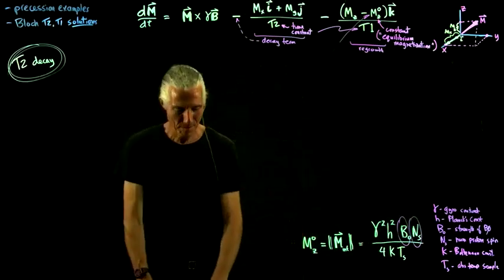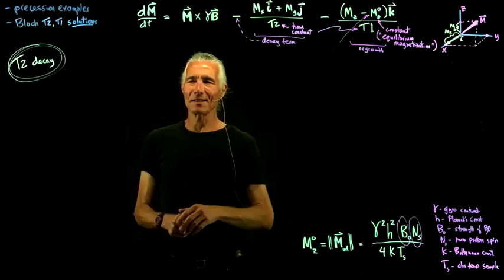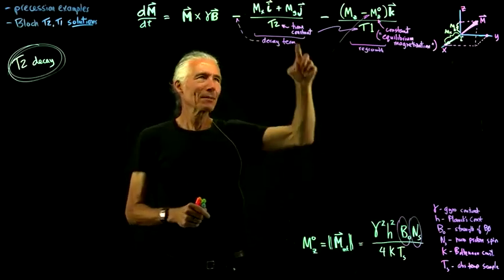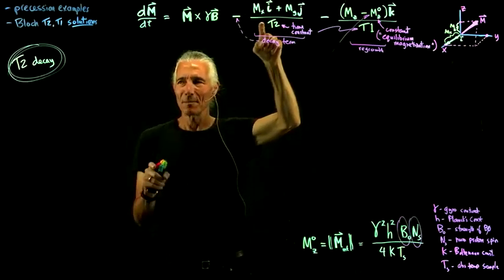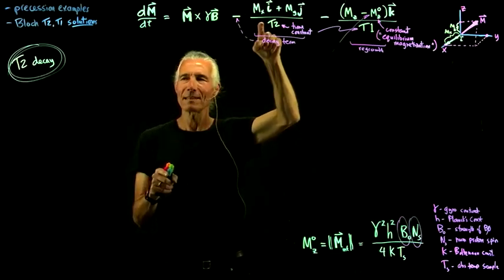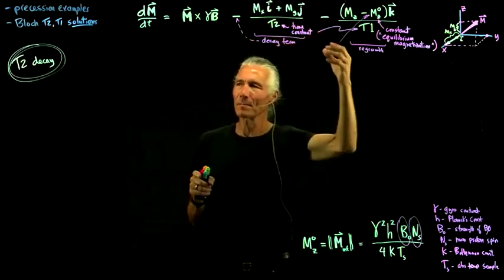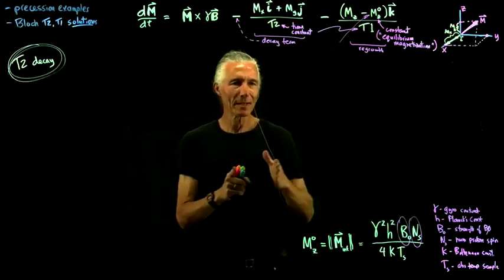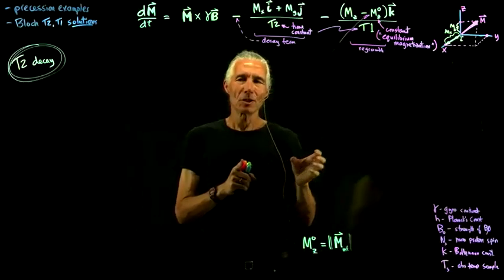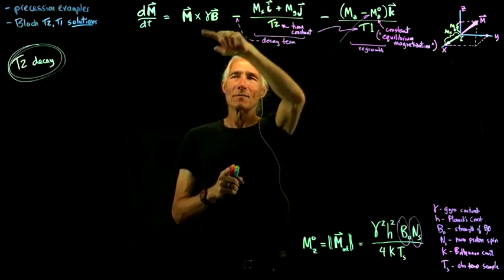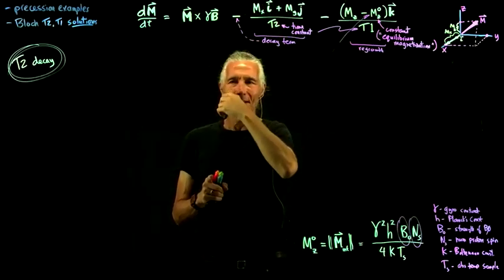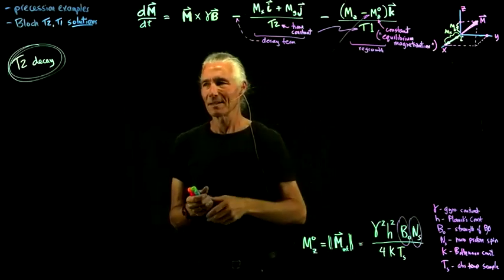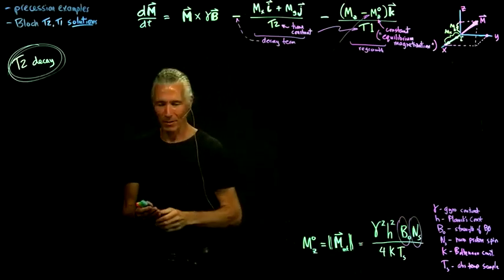I didn't explain why this guy is perpendicular to the precession, but we will two lectures from now. Because they're all perpendicular to each other, you can ignore some of the other ones and just pay attention to one, because if you change one of these guys, it won't affect the other term. That's how we can do a solution for just a piece of the equation instead of the whole thing, although in the end we want the whole thing.